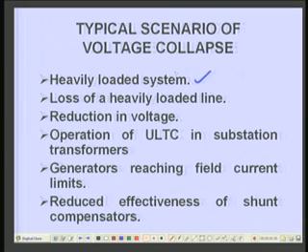Now, suppose this heavily loaded system is subjected to some sort of contingency. An example of a contingency may be that one heavily loaded transmission line is tripped. The moment this happens, the other lines will be further loaded and the reactive power consumed by these lines will increase, and this will cause a reduction in voltage.